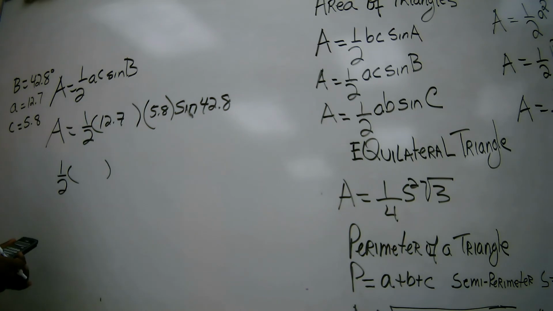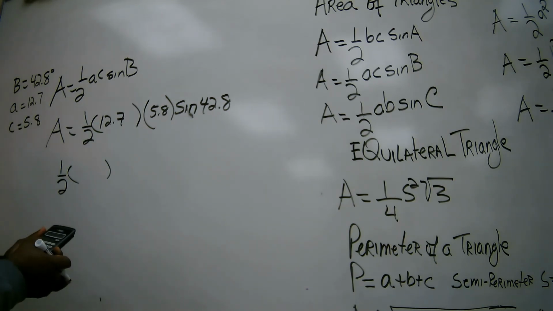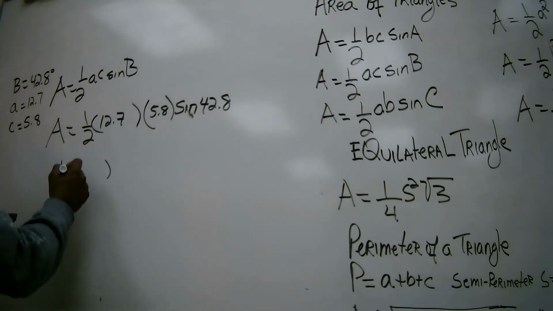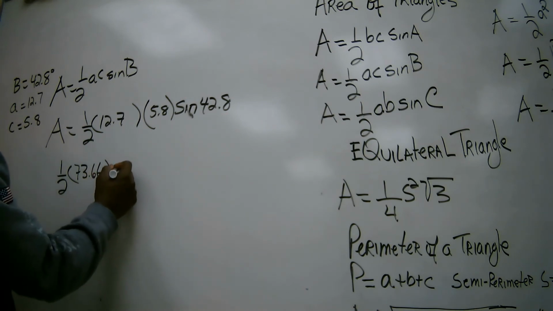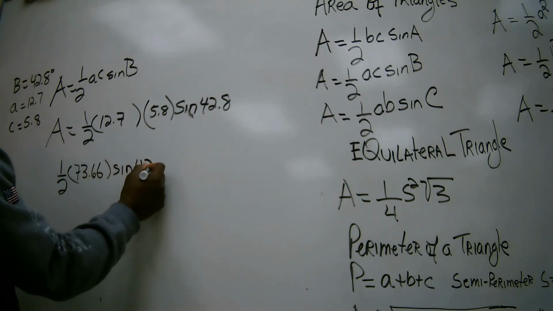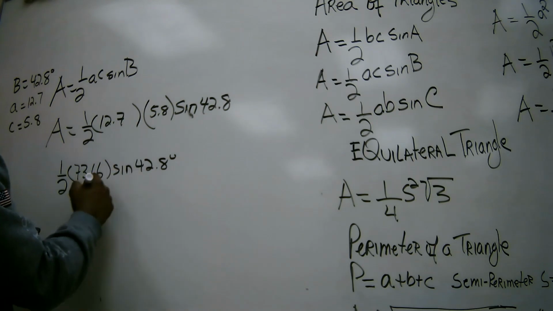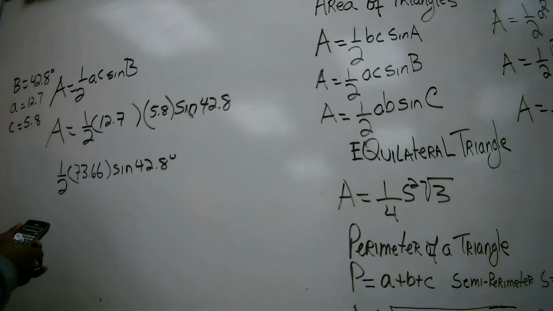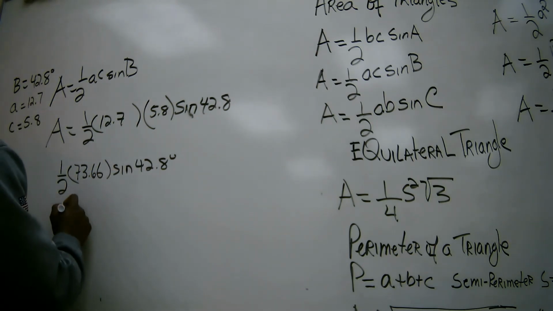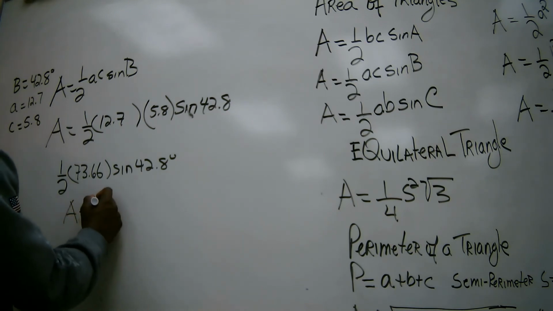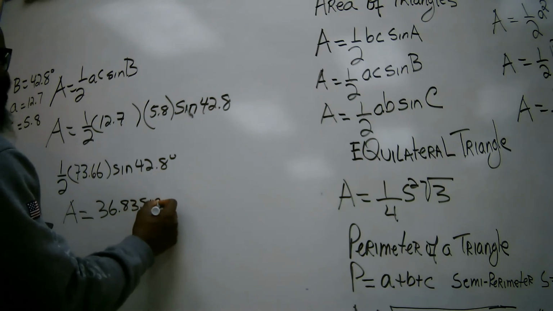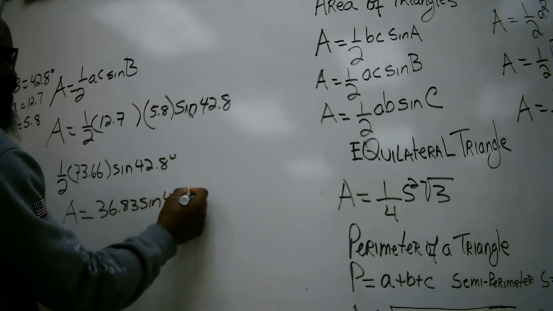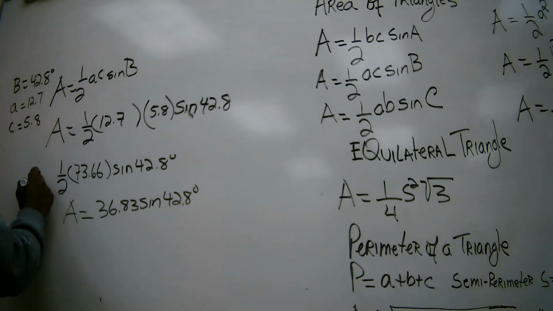Multiply those two numbers, 12.7 times 5.8. That will give you 73.66 times sine of 42.8 degrees. So we're going to take half of that. That is the half. Therefore, you'll have area equal 36.83 sine of 42.8. Some tests will get the answer just like that.